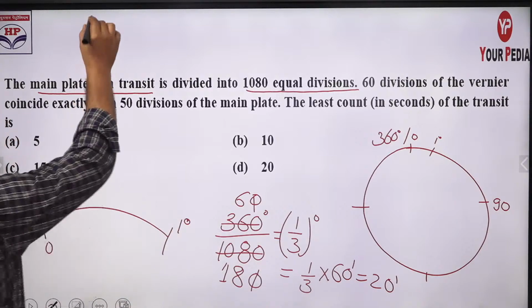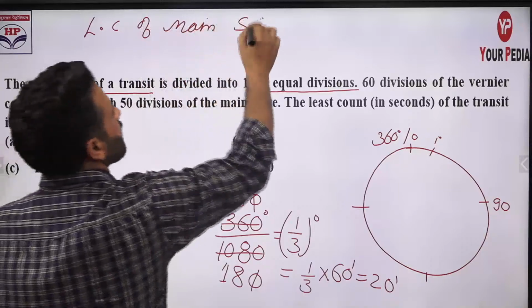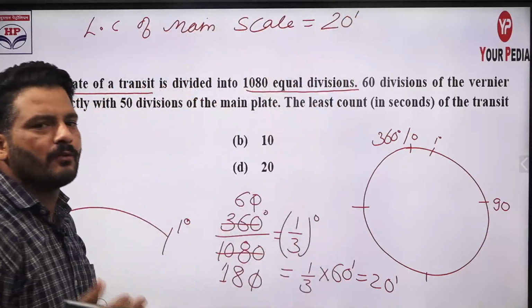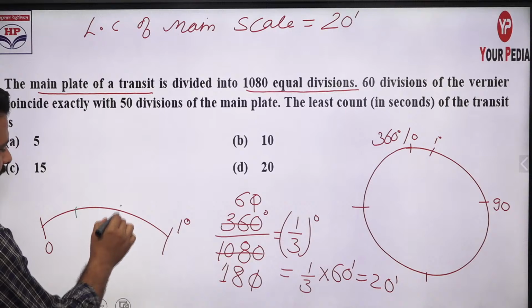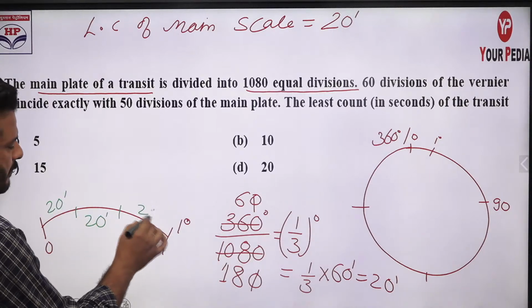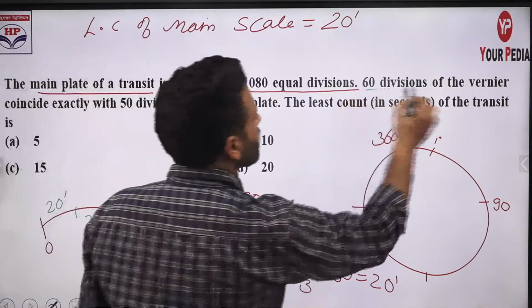Have a look. Least count of the main scale. Read the question carefully. If it is asked in the question, what is the least count of the main scale? It is 20 minutes. So what it means basically is that 1 degree is divided into 3 equal parts: 20 minutes, 20 minutes, 20 minutes. And this 20 minutes is further divided into 60 divisions.